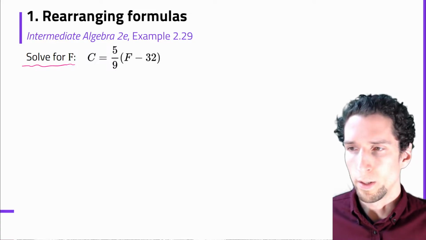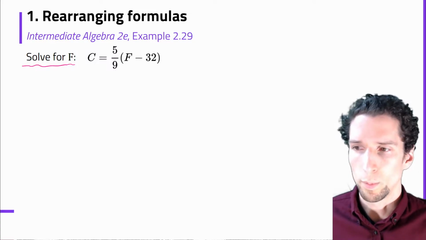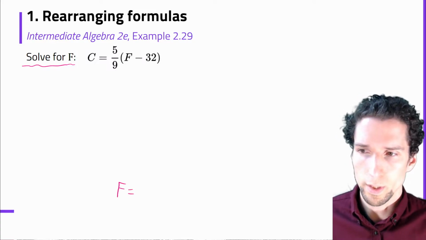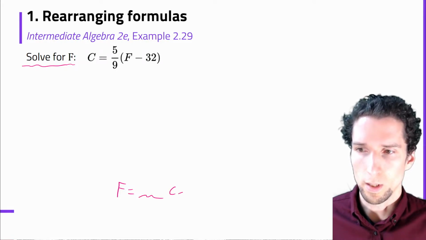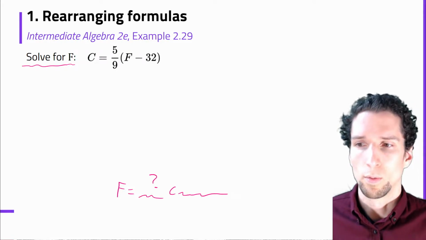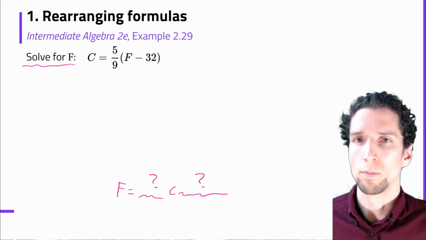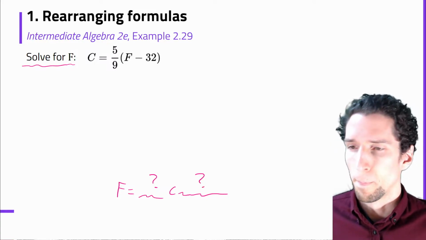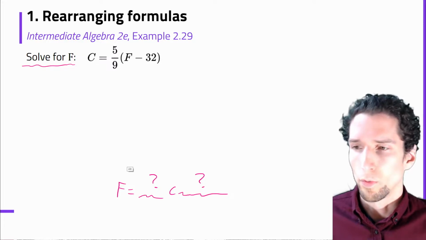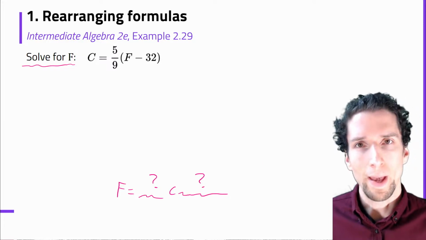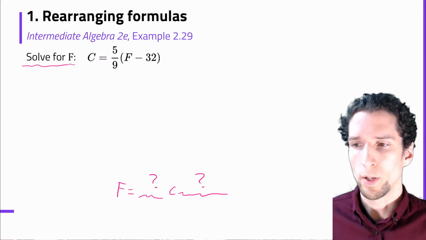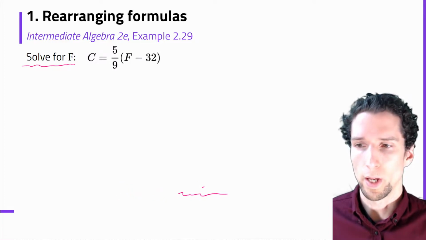So it will be in terms of C. Our solution will be F equals something, something, something, C, something, something, something. What that is, we'll see. But for now, we just know that the goal is to have F on one side of the equation and everything else on the other side.